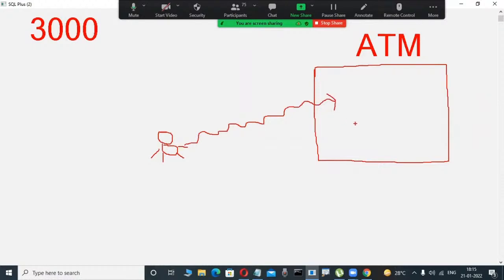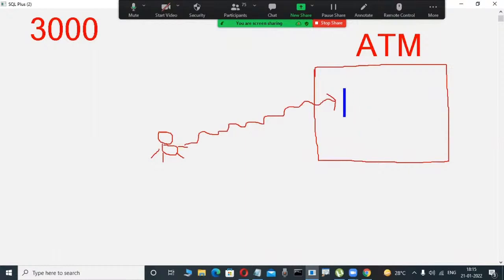For example, I insert the ATM card. It will ask for a PIN number. I'm not checking the balance, for example. But my balance is how much? 3000 rupees are there presently in my account. Now I decided to withdraw some amount.